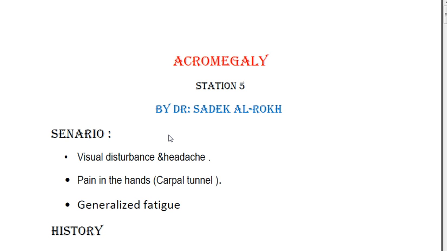What is the treatment plan for this patient, doctor? Non-pharmacological treatment in the form of patient education and counseling, psychosocial support, occupational support, and specific treatment in the form of surgical operation, transsphenoidal hypophysectomy, which is the treatment of choice.